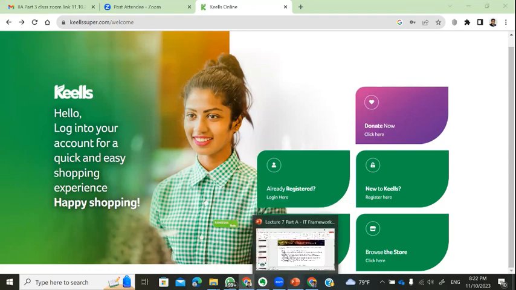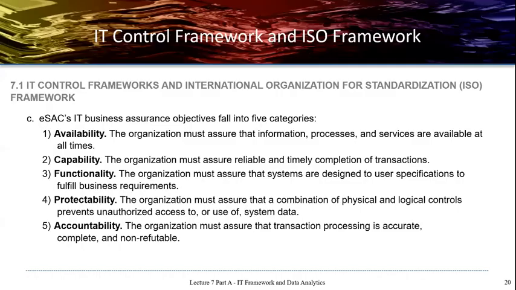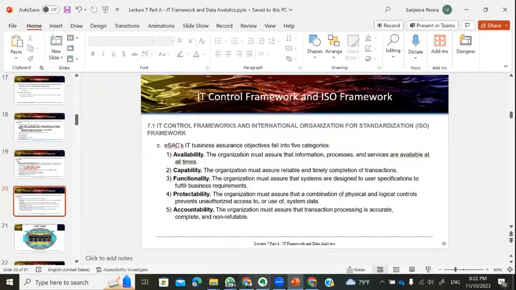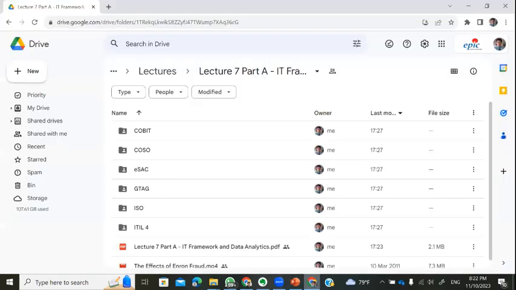Also, I'm not sure whether these sites are ESAC certified, so let me just check that.